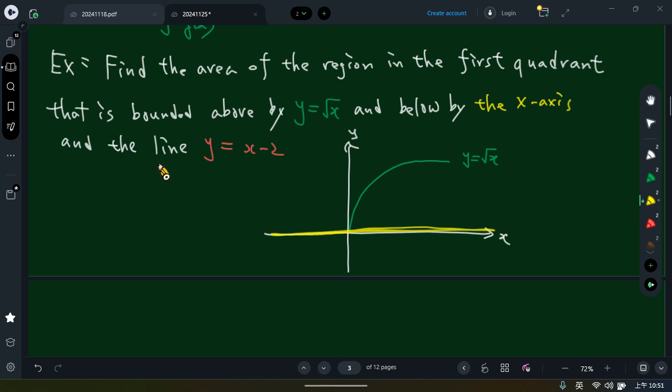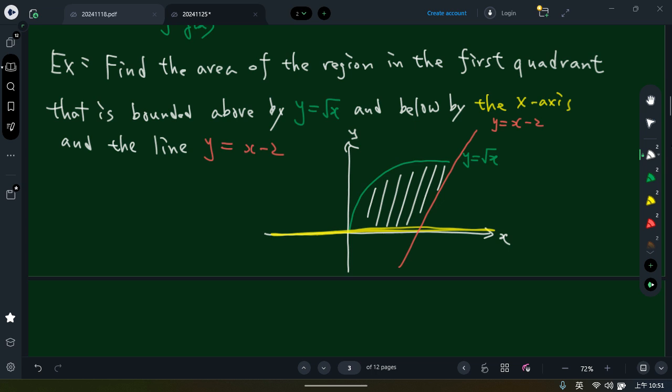Then we also have y is equal to x minus 2, so we can also draw that, it's just like this. So the question just asks you what is the area, the size of the area, right?